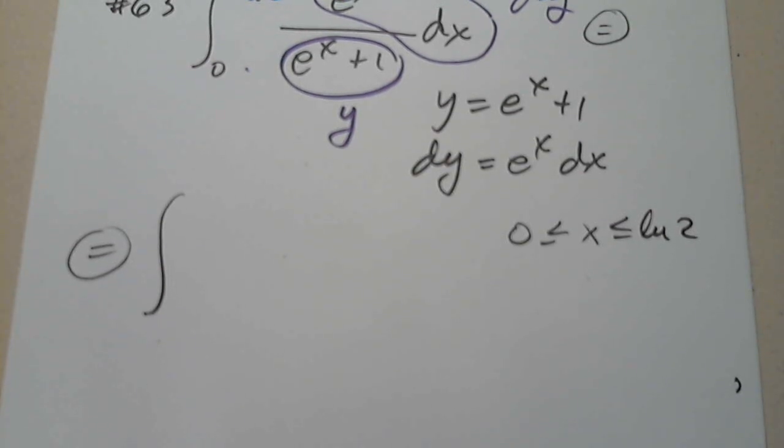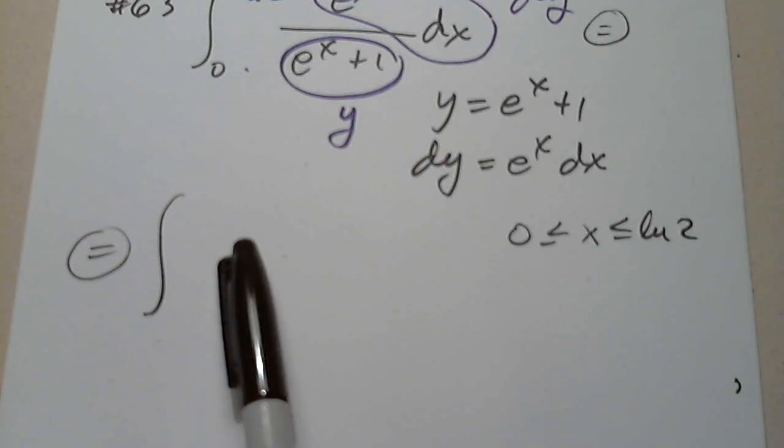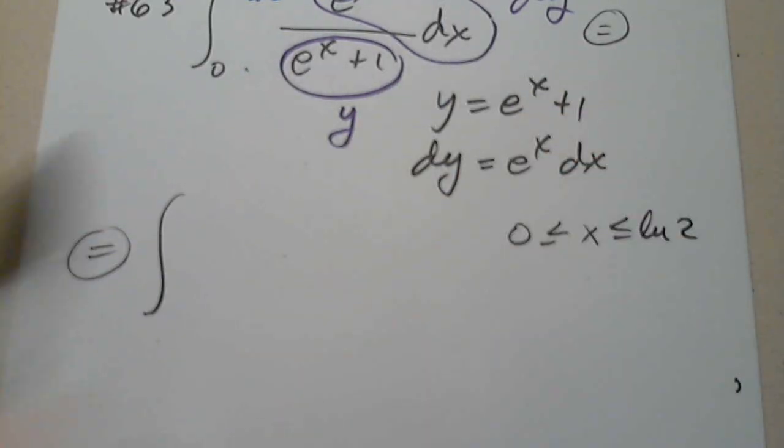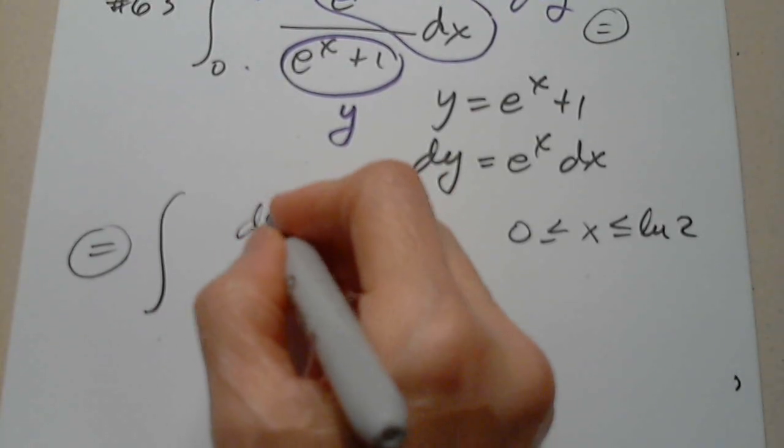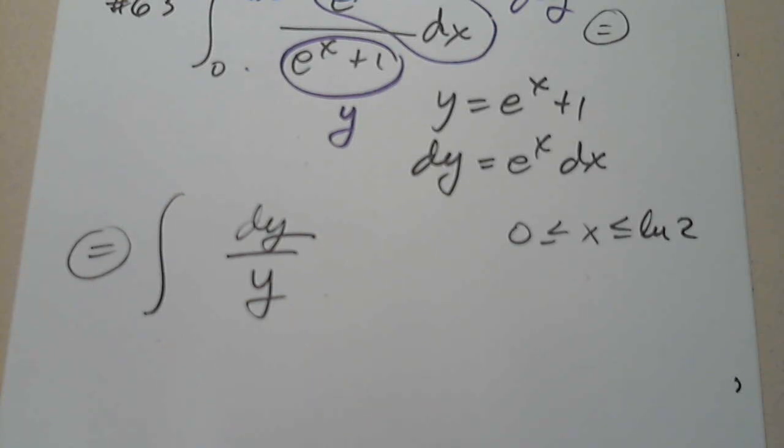We have to account for everything. Nothing can be left over. There is no x anymore. We move the integral completely from x to u, I'm sorry, to y. Would it be dy over y? dy over y. Brilliant, thank you.